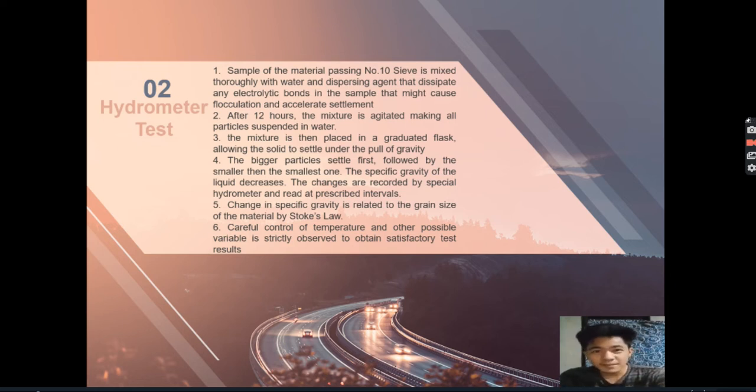The change in specific gravity is related to the grain size of the material by Stokes' law. The last one is that careful control of temperature and other possible variables is strictly observed to obtain satisfactory test results.